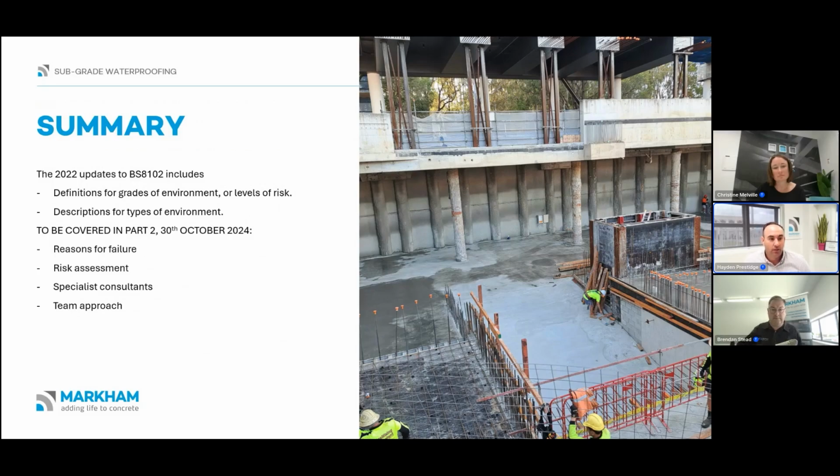We looked at the definitions and grades of environments. That's really establishing the risk and what level of performance is needed, and then the types of waterproofing that can be utilised to control that performance. And then obviously we looked at design things as well.